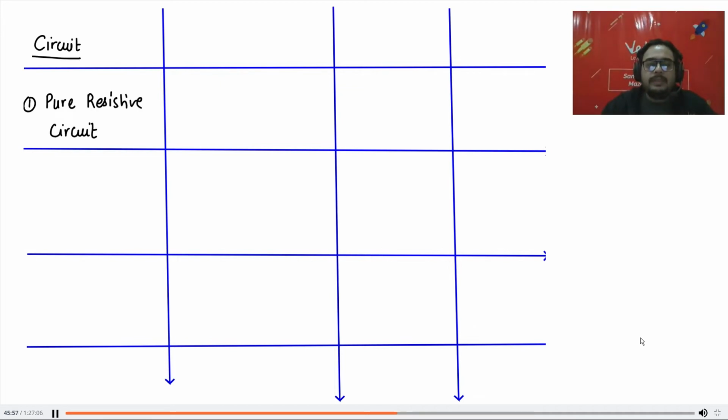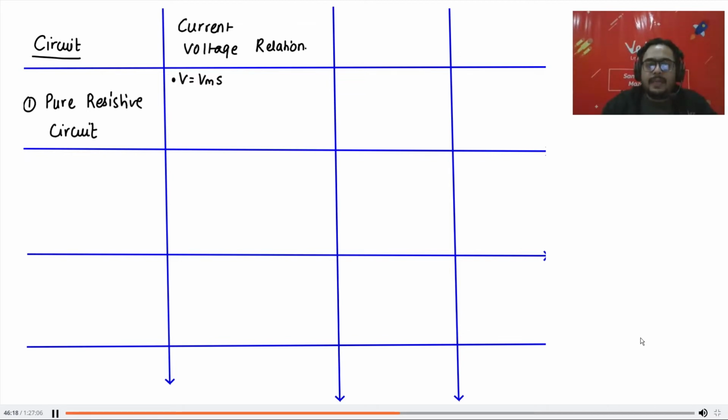So this is the circuit that we are talking about, the pure resistive circuit. It has only a resistor. So if the circuit only has a resistor, we can see the current voltage relation.